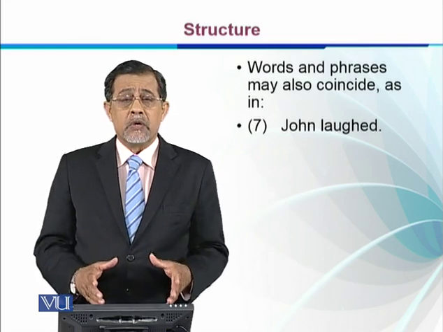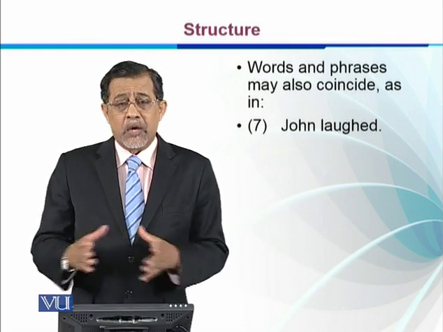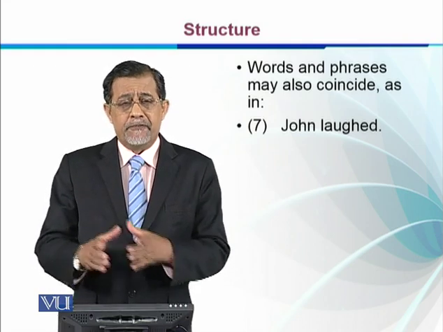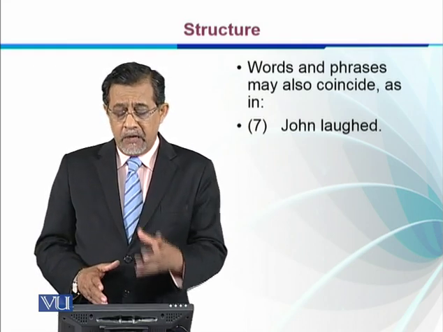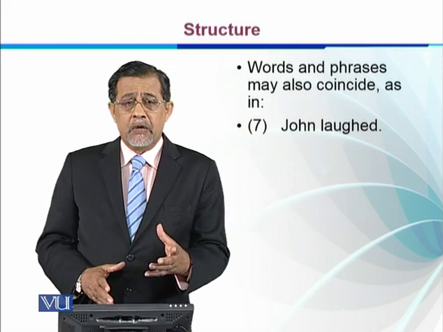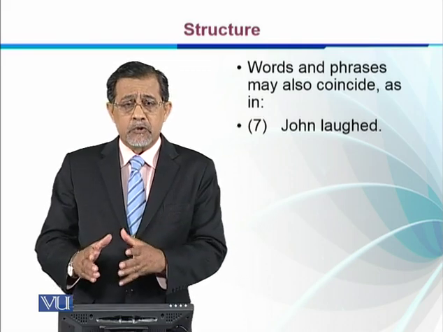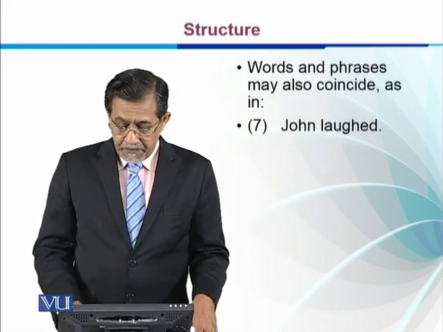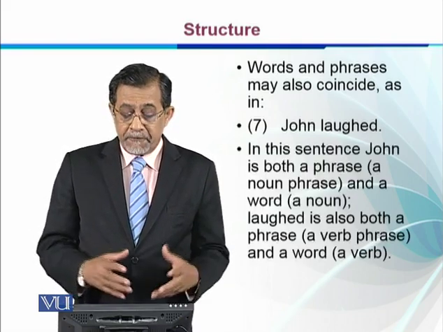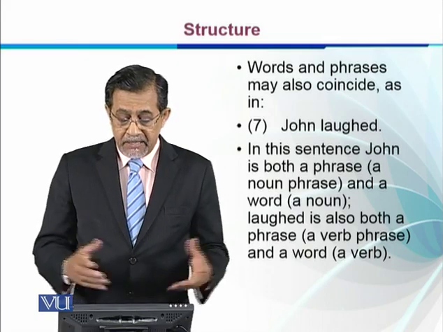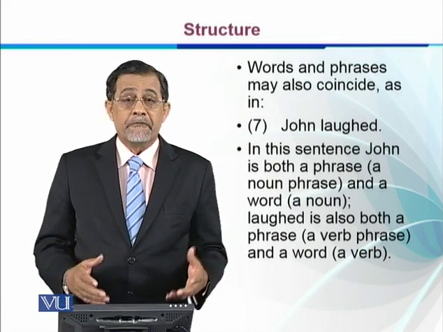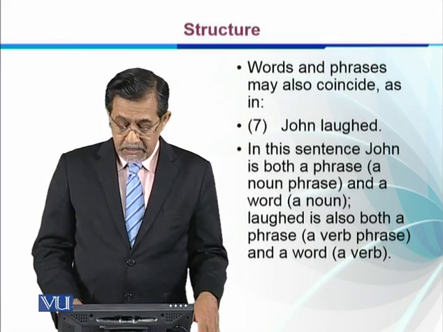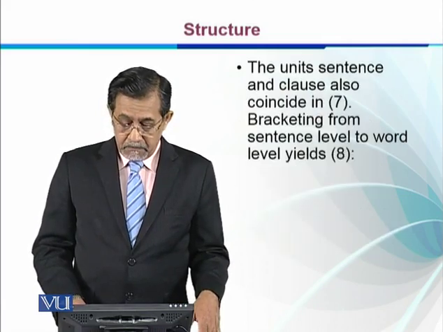It has two phrases, John and laughed, and each phrase consists of one word. John consists of one word, and laughed consists of one word, though it consists of more than one morpheme. So John is both a phrase and a noun phrase and a word, a noun, and laughed is both a phrase and a verb phrase and a word.